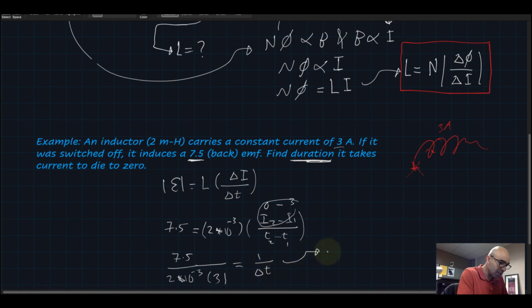Solving for delta t, we get delta t, the duration of time, is equal to 8 times 10 to minus 4 seconds. Okay, a small time, but a time that will give other elements in the instrument a chance to stay in good shape. And that's it for this one. Thank you.